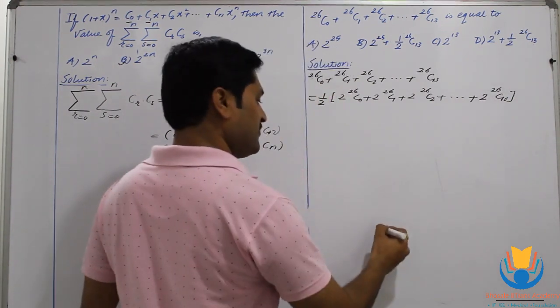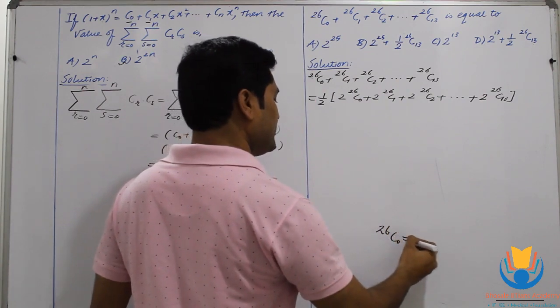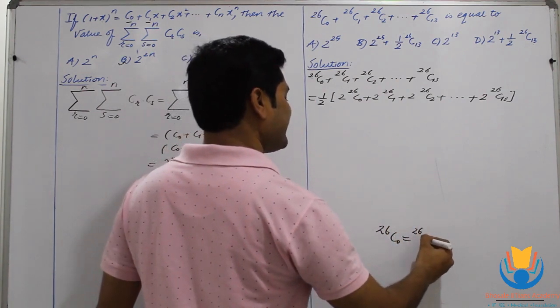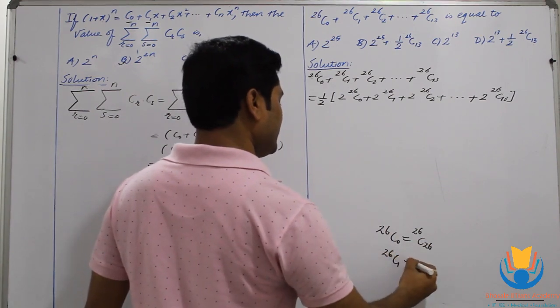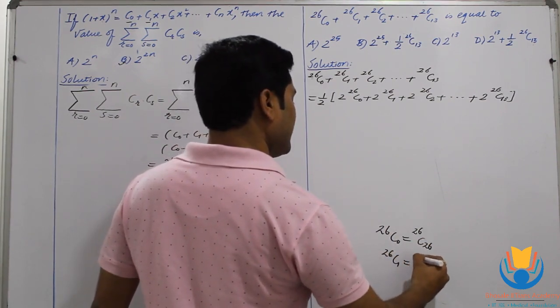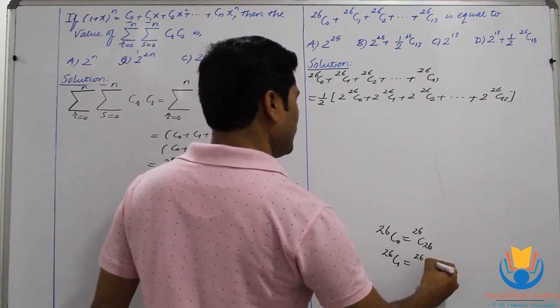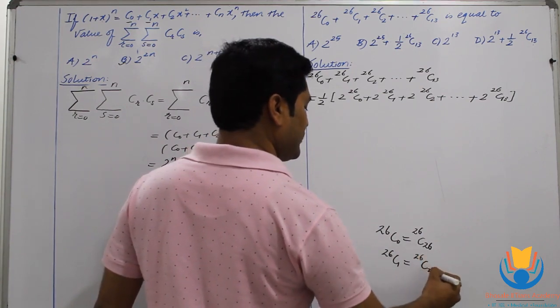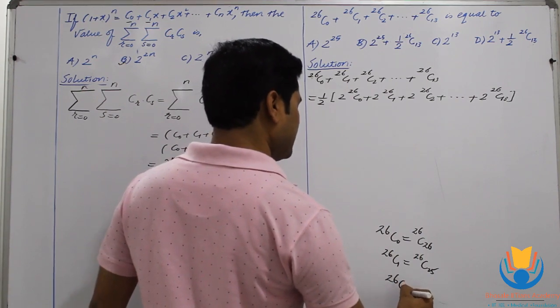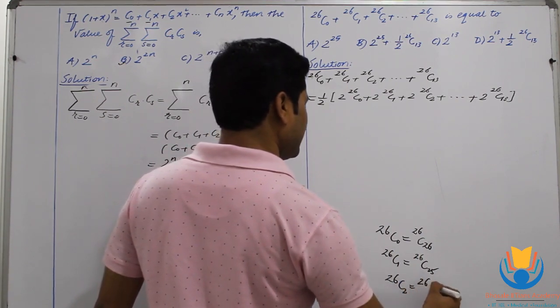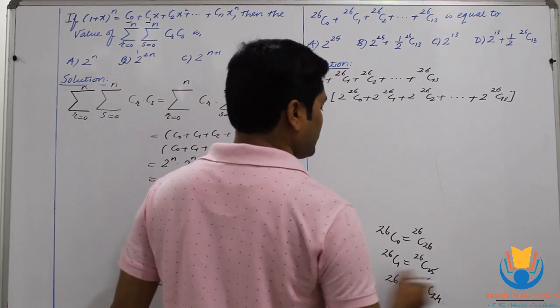As you know, the value of 26C0 is always equal to 26C26. Similarly, 26C1 is equal to 26C25, and 26C2 is equal to 26C24 and so on.